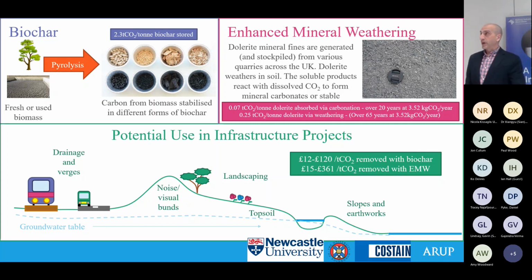And during the weathering of that material, you create CO2 removal, because the weathering products of dolerite react with CO2 that's dissolved in the soil water to either precipitate mineral carbonate within the soil, or generate stable bicarbonate ions. Once those are in dissolved water, they will be exported from the site, so they're not going to be measurable on the site, but they are going to have gone somewhere where they're permanently stored.